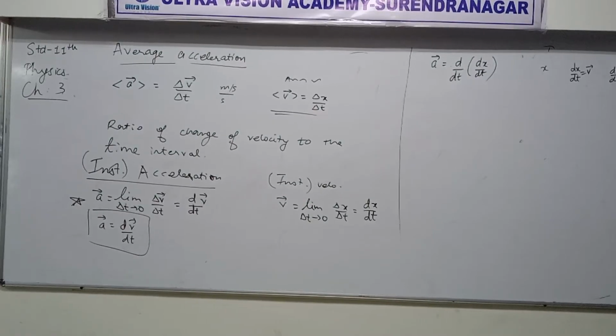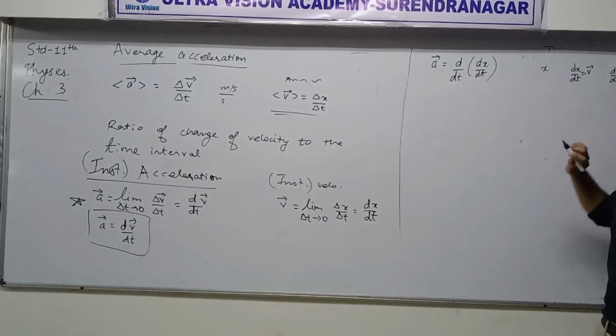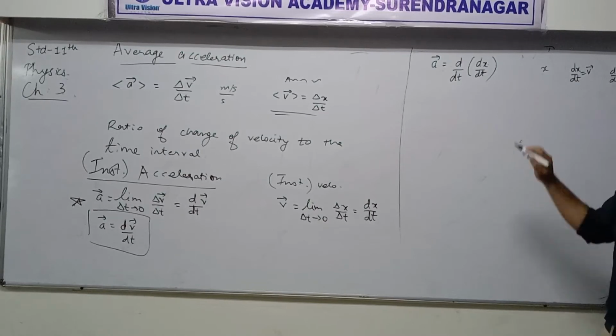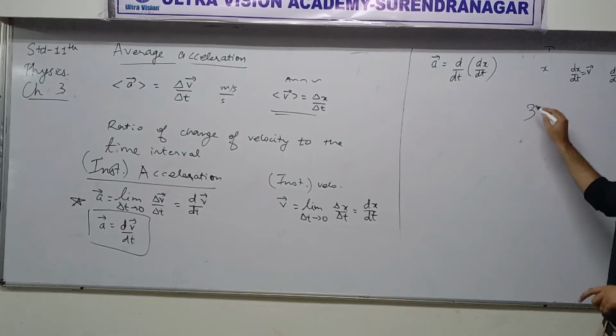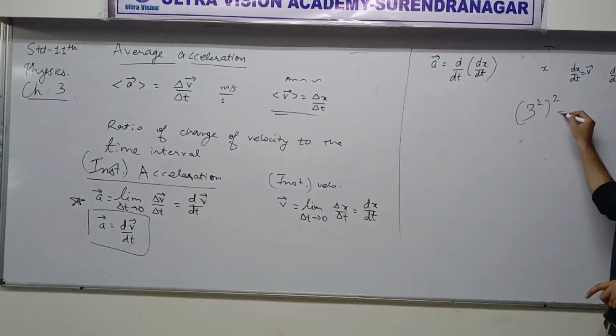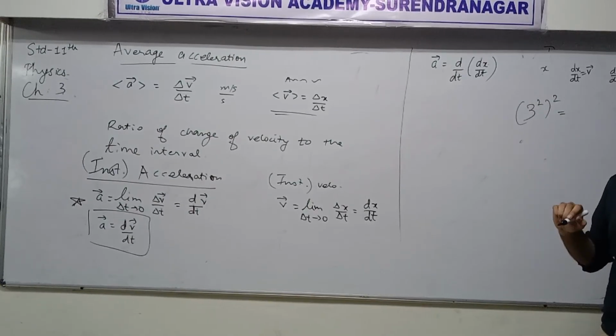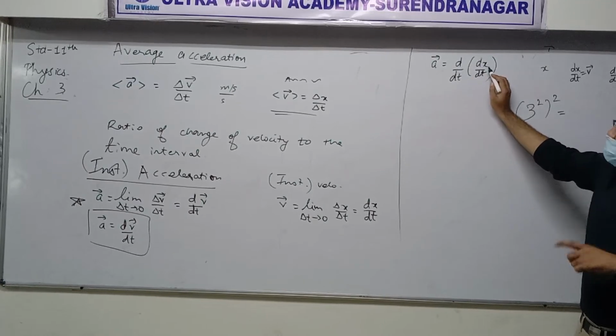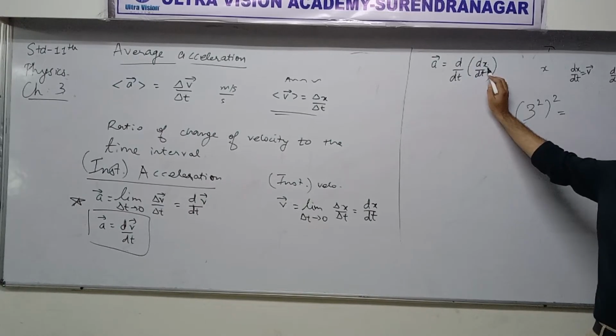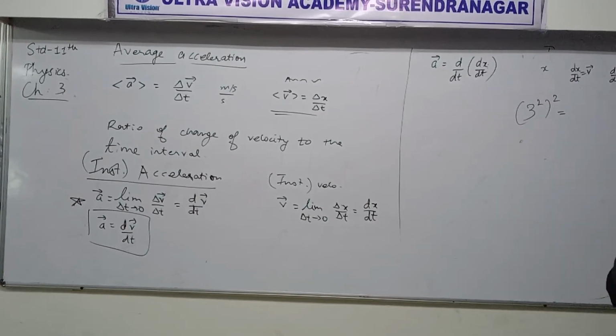So if you take position and do differentiation twice, back to back, again I will say, like squaring twice. Squared, squared. Understood? Yes. You do it once, then you do it a second time. So if you do the differentiation of x one time, you get velocity, and if you do it one more time, you get acceleration. Did you understand? Okay.